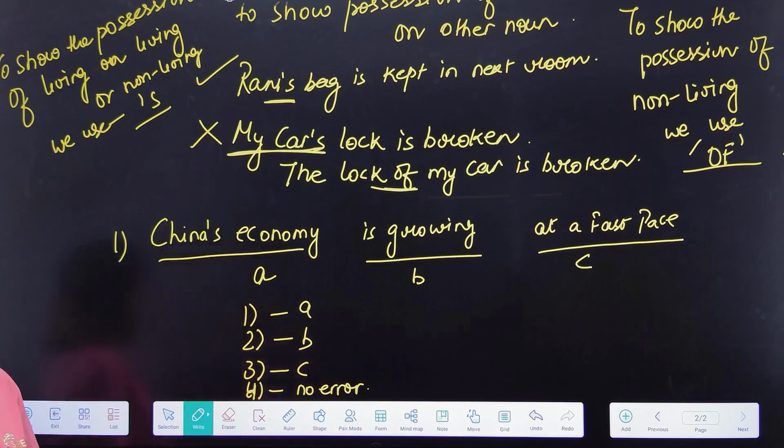This is your 5 mark question in CUET. It will be portrayed like this. This question is called spotting the error.